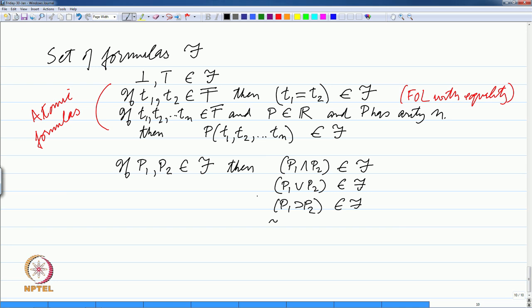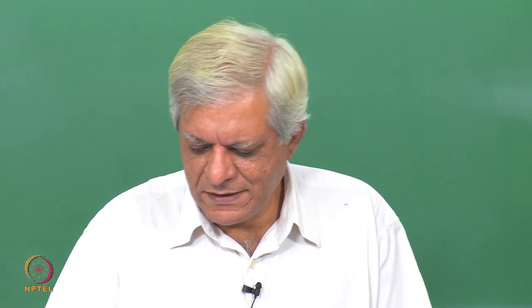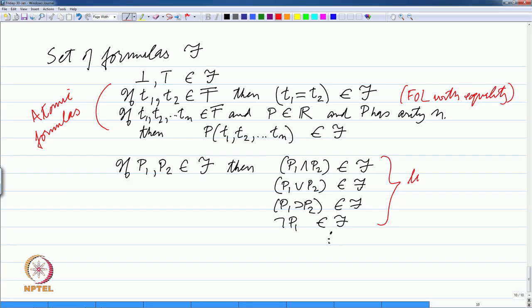Negation, the symbol we are using is different. Negation of P 1 is a formula, and so on. So, this is like in propositional calculus, that if you are given two formulas, then you can use the logical connectives to construct larger formulas. The same thing carries over here, and the semantics of the logical connectives will be identical, as we will see.